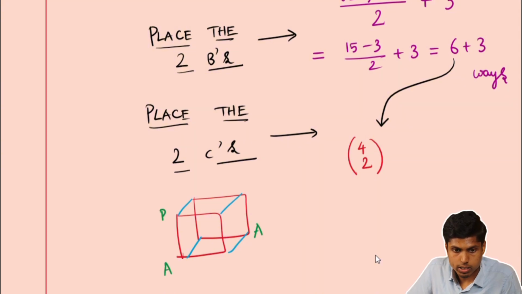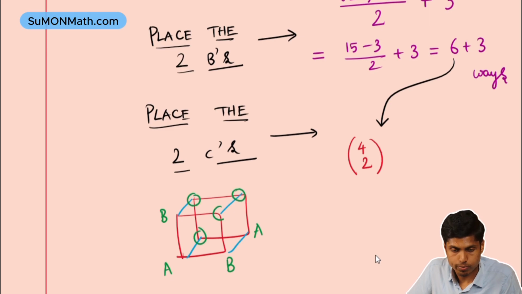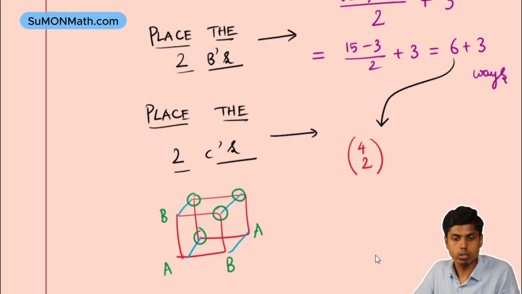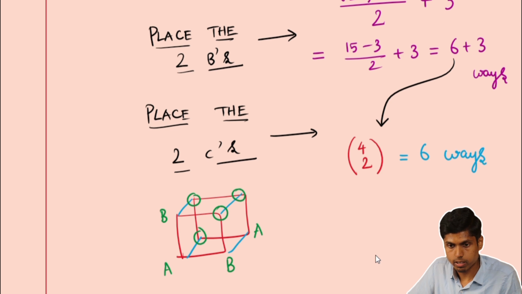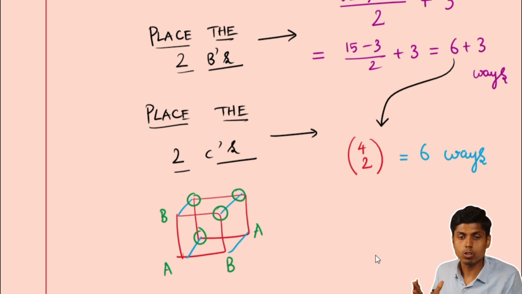Suppose you have placed the B's over here. Then you have 4 places, 1, 2, 3, 4 places to choose from for the position of C. Since you cannot perform the rotation, you have to completely count it, and that gives us 6 ways. Now after these 6 ways, the remaining 2 positions are automatically occupied by the 2 D's.